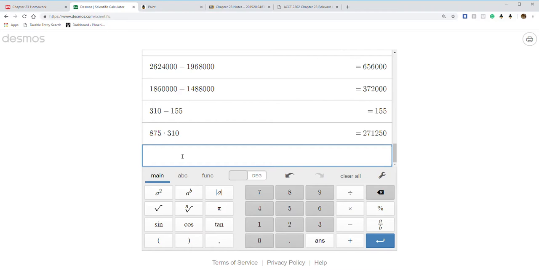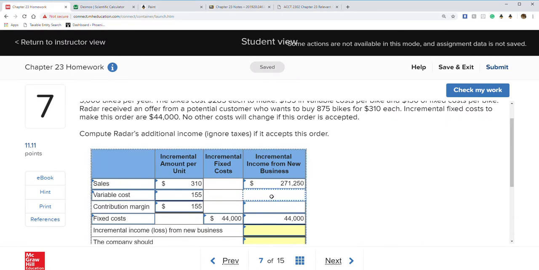Basically, take 875 times 155, which is 135,625. And since this was exactly half, we already did the calculation for me. If you don't have exactly half right here, make sure you do the calculation or subtract variable cost from sales. It will still get you the same amount.